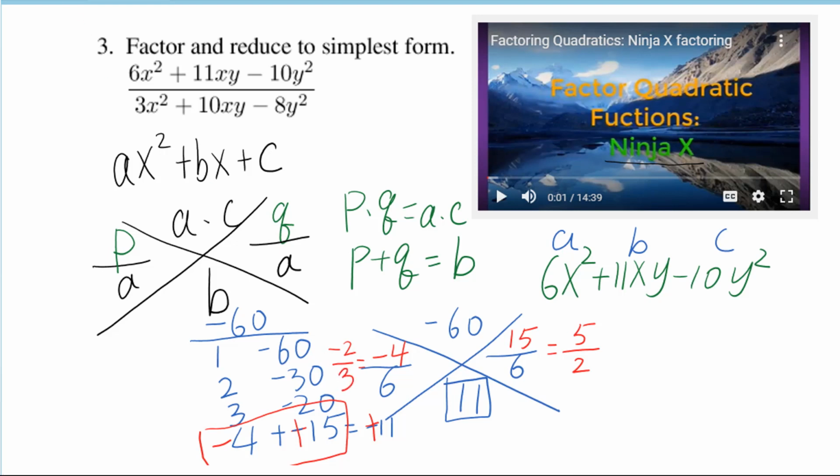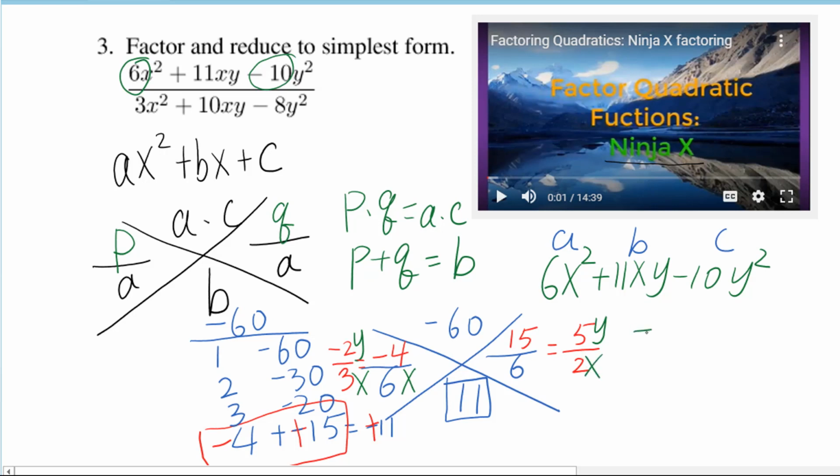Then you need to check. Look at the negative 2 times 5. We got the negative 10. We have y squared. Therefore, you need to put y here. And 3 times 2, that's 6. But we have 6x squared, so you need to put the x over here.